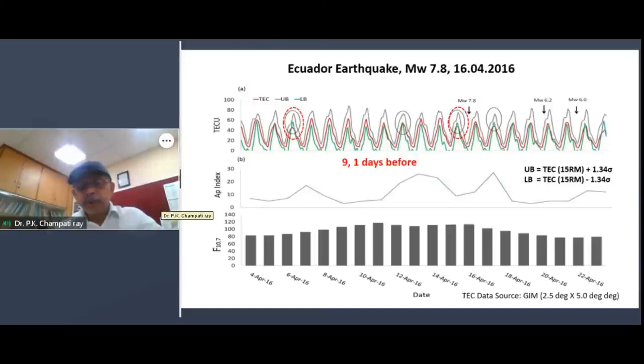Now there is a particular pattern that the values will increase and decrease every day. It will increase in the daytime and decrease at nighttime. This systematic pattern is observed for 10 to 15 days. Then we try to find what is the normal variation of this observation at a particular second, or a particular minute in the case of GNSS.